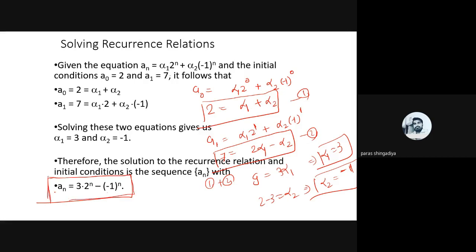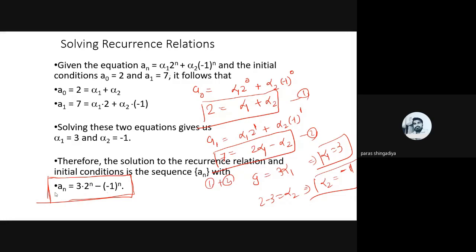Is it clear, the procedure? Is there any doubt in any step? Is there any confusion? What about the students? Is there any confusion?